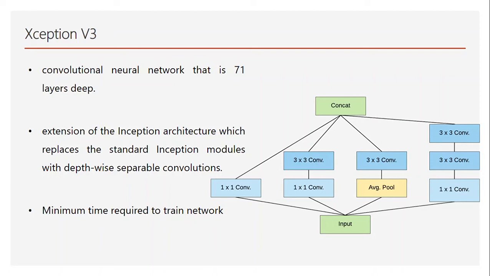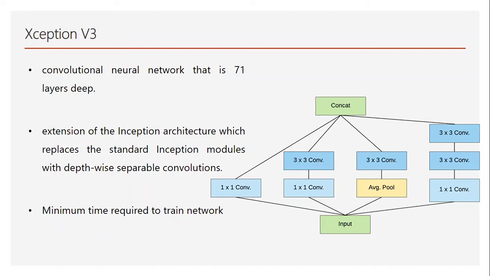Unlike InceptionNet, XceptionNet has depth-wise convolution. In the first parallel convolution, there is a 1x1 convolutional layer. In the second parallel convolution, there is a 3x3 and 1x1 convolution, and next there is a 3x3 convolution and average pooling. And next there are 2 convolutions of 3x3 and 1 of 1x1 convolutional layer.